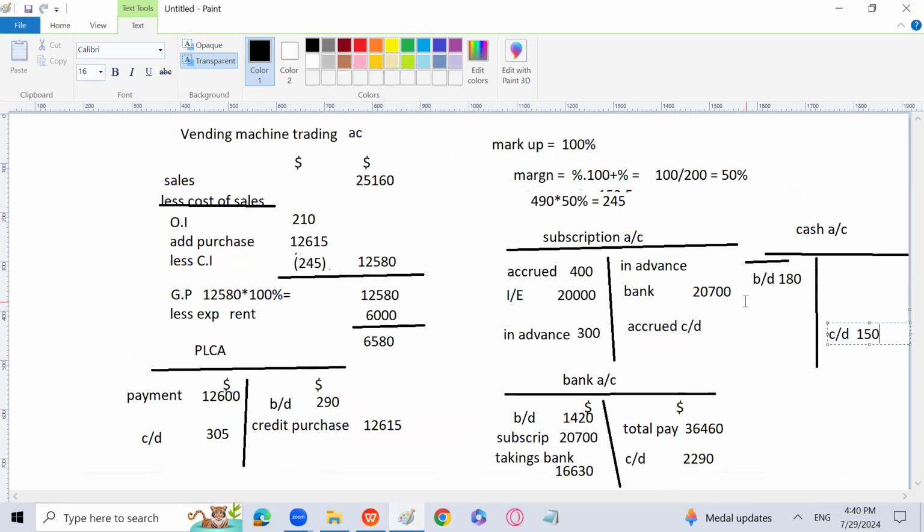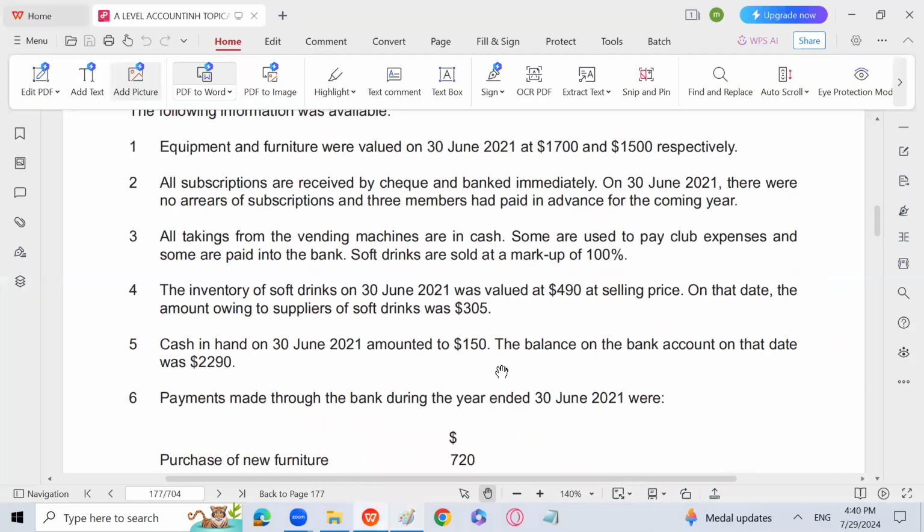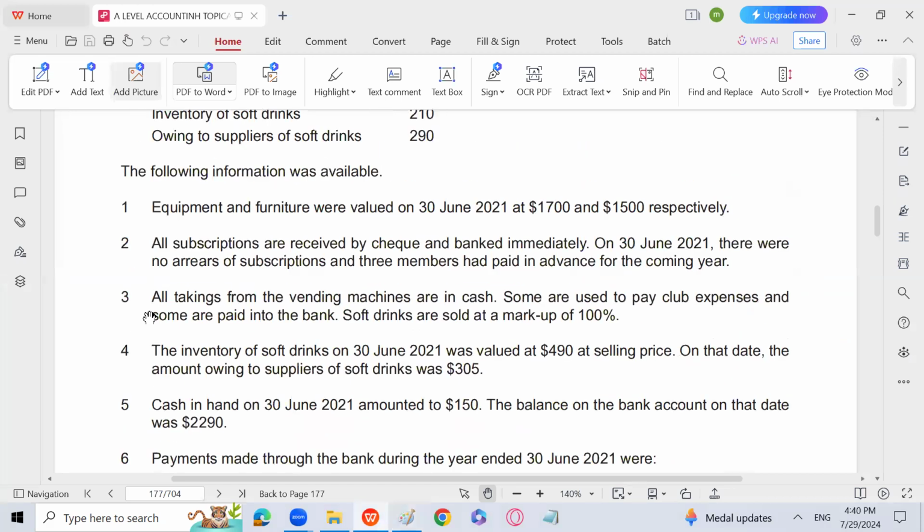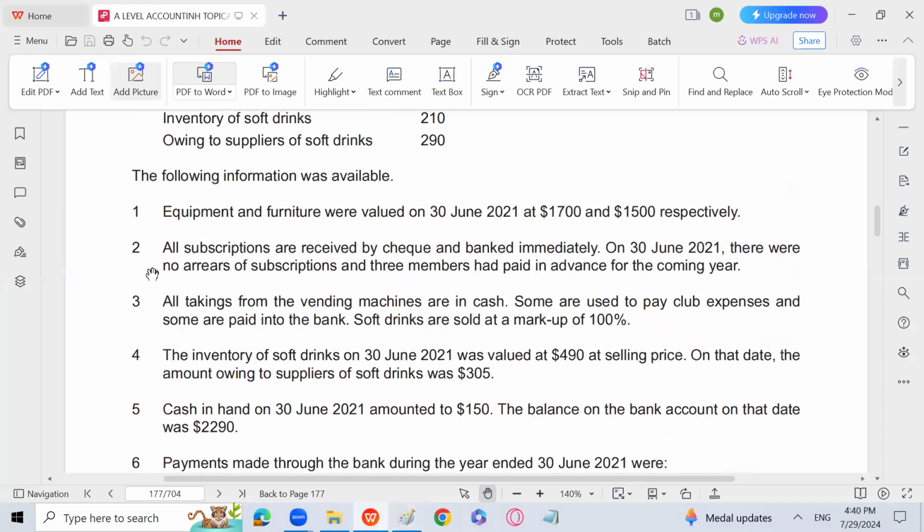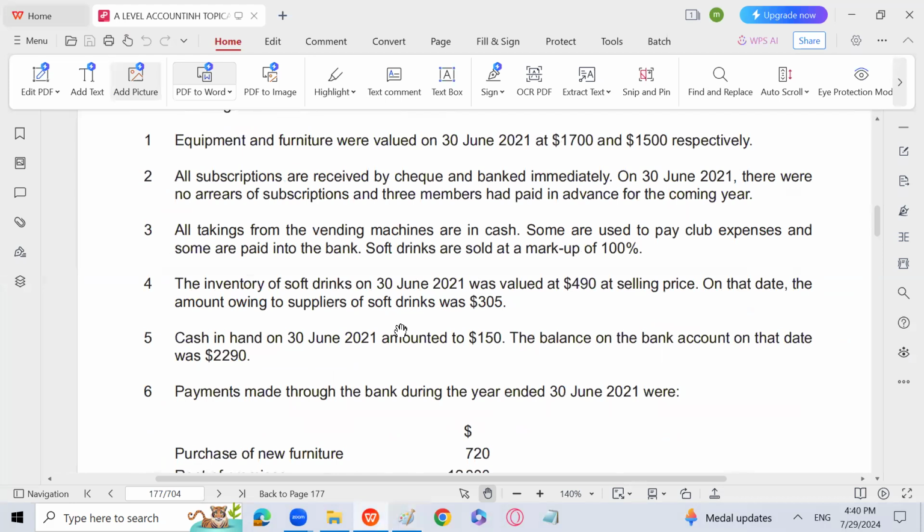So I will write over here cash takings 25,160. Cash takings will come on the debit side as a receipt, because that is the cash sales actually. We have received the amount through cash sales. So I will also write cash sales on the debit side of the cash account. Cash is coming in and sales we have calculated by going reverse.